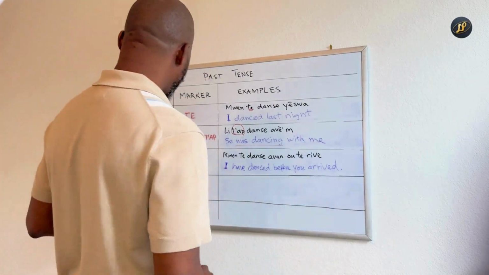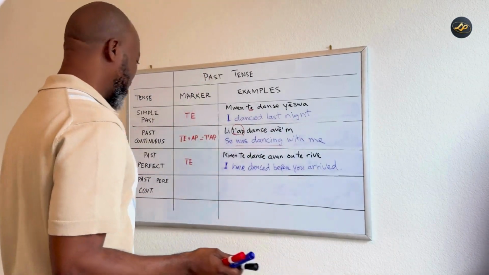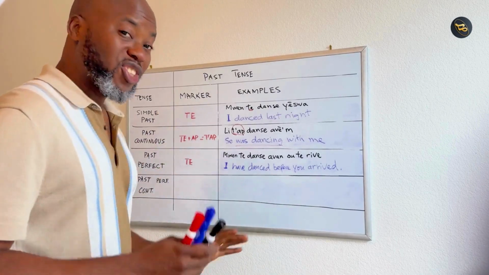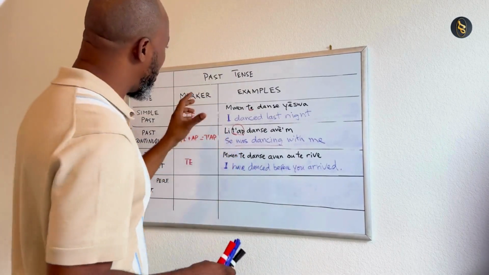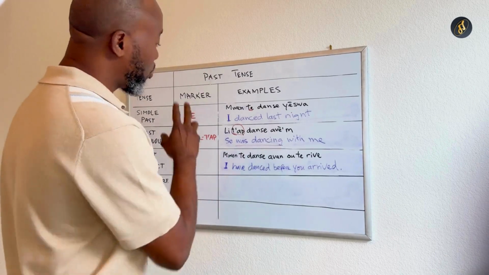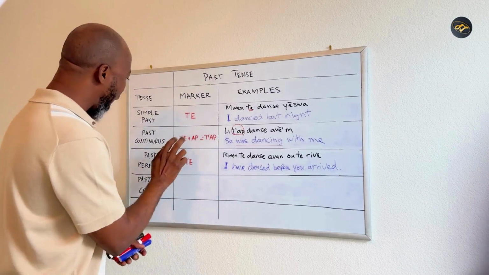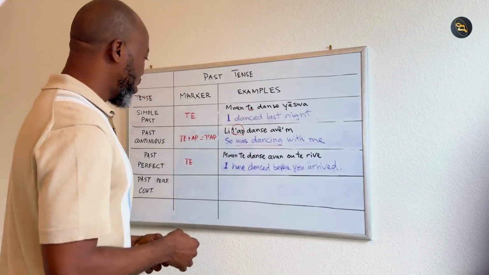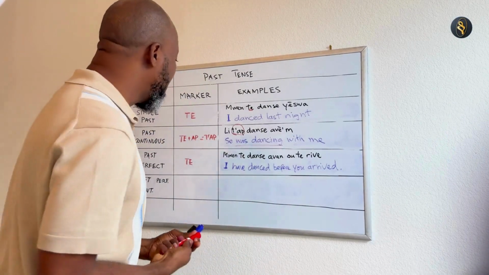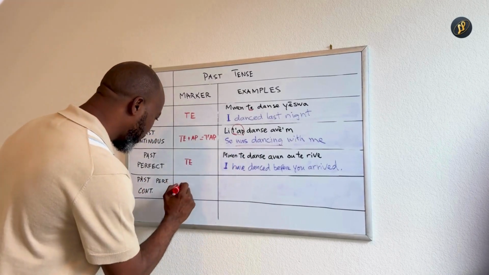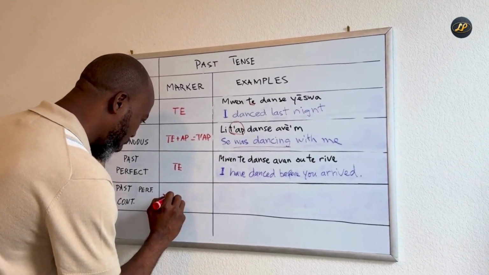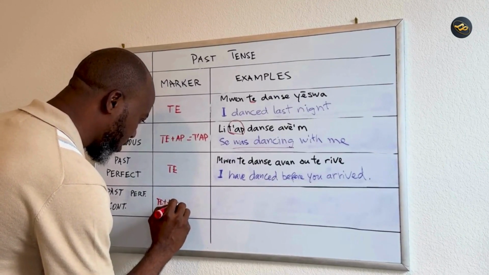And now, for past perfect continuous, we're gonna go back just like the pattern we see on the simple present tense. It's gonna be the same thing. We're gonna go back to our past continuous marker, which is the te and the a. If I say te plus a, you already know this is tap.